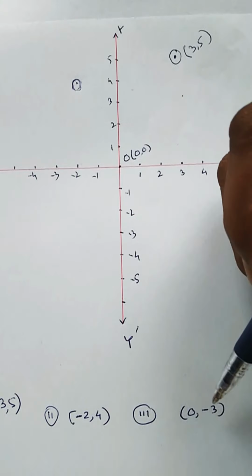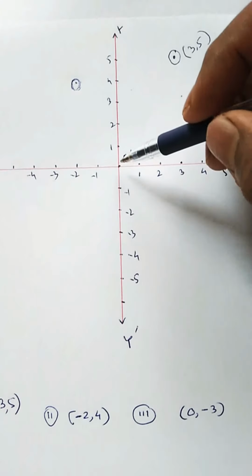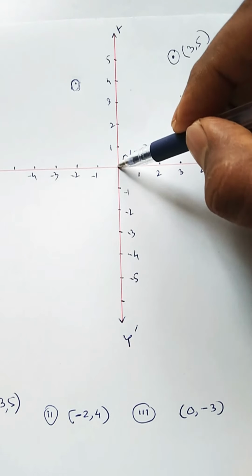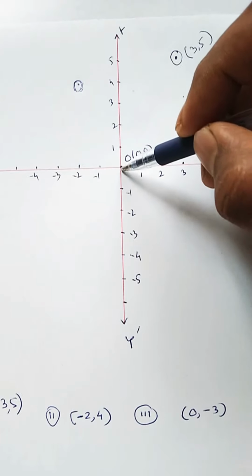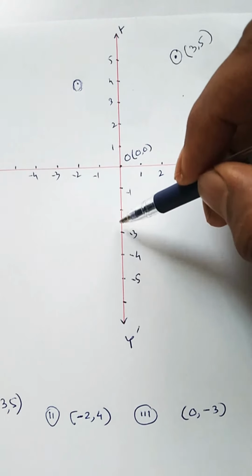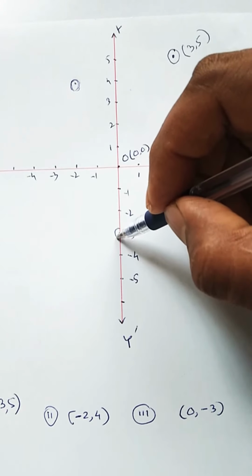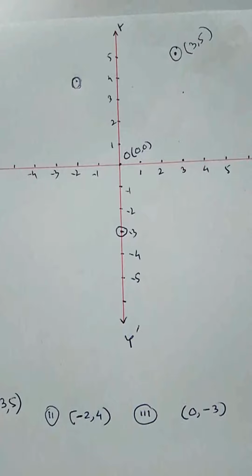Then for the y coordinate, this is minus 3, so we'll have to go down for plotting the y coordinate. So 0, then minus 1, minus 2, minus 3. This will be our third location, that is 0, minus 3.